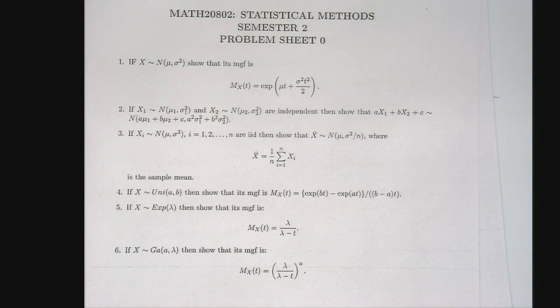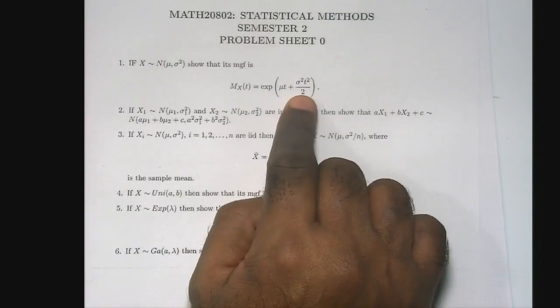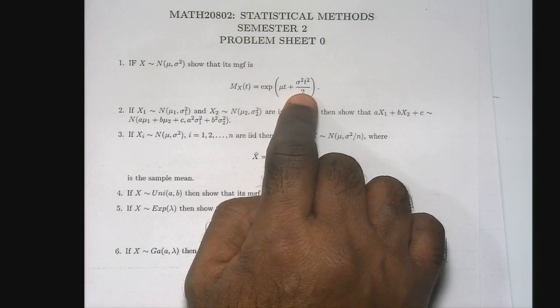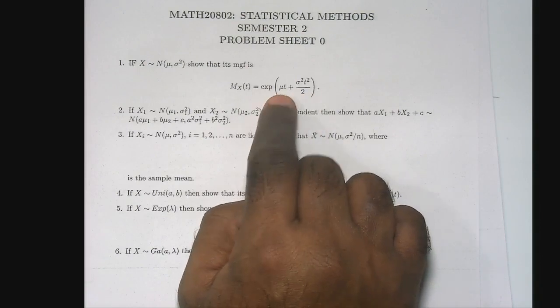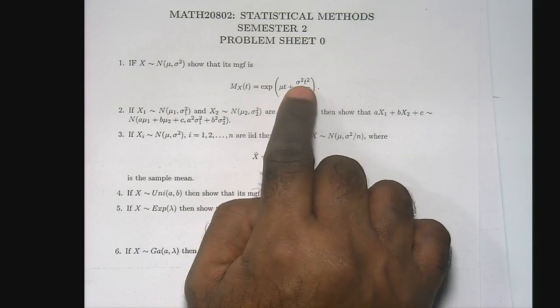Now let's compare this formula here with this formula here. What do you see, guys? In place of mu, we have this expression. In place of sigma squared, we have this expression.